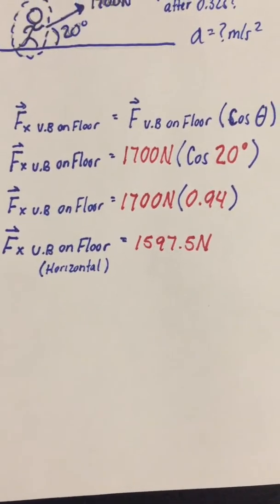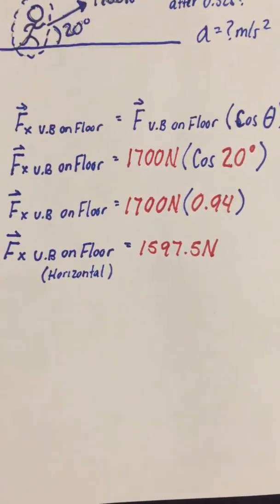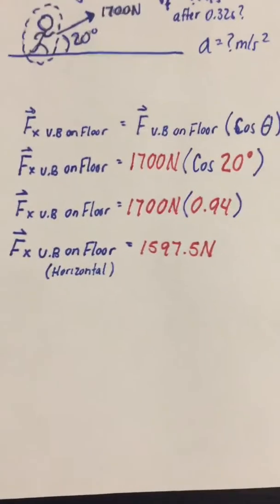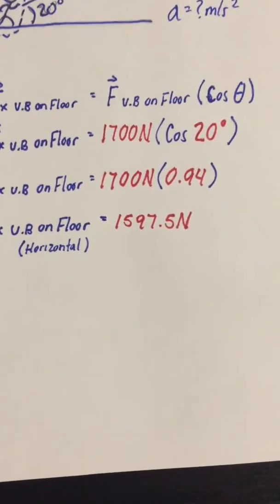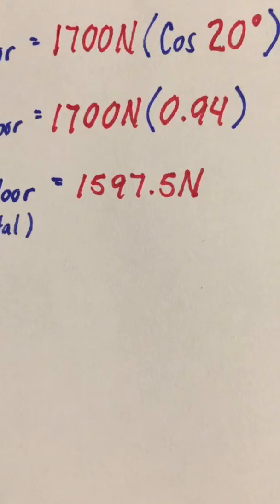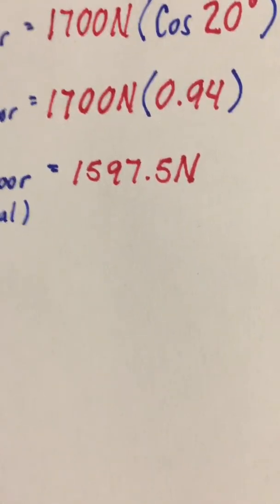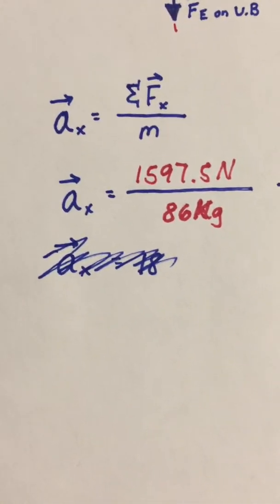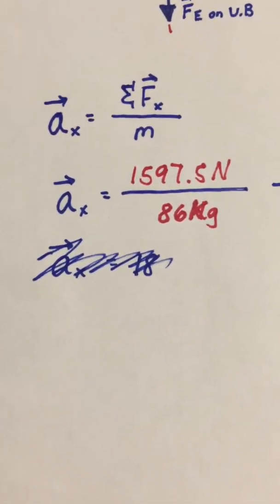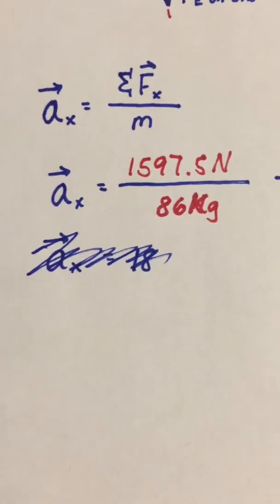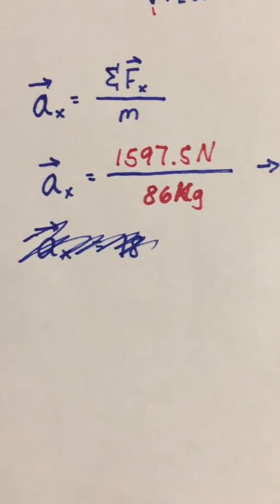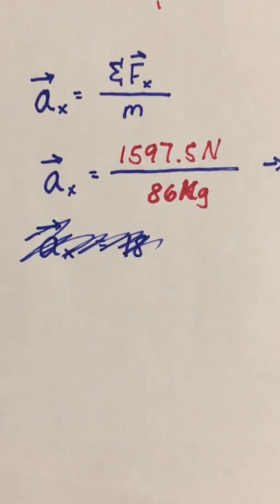First off, we need to find the horizontal component of Usain Bolt's force on the floor. By plugging in our numbers, we see that his horizontal component is 1,597.5 newtons. Next, we need to find his acceleration. We know that the only horizontal force acting on Usain Bolt, since there is no friction, is the 1,597.5 newtons from our horizontal component.